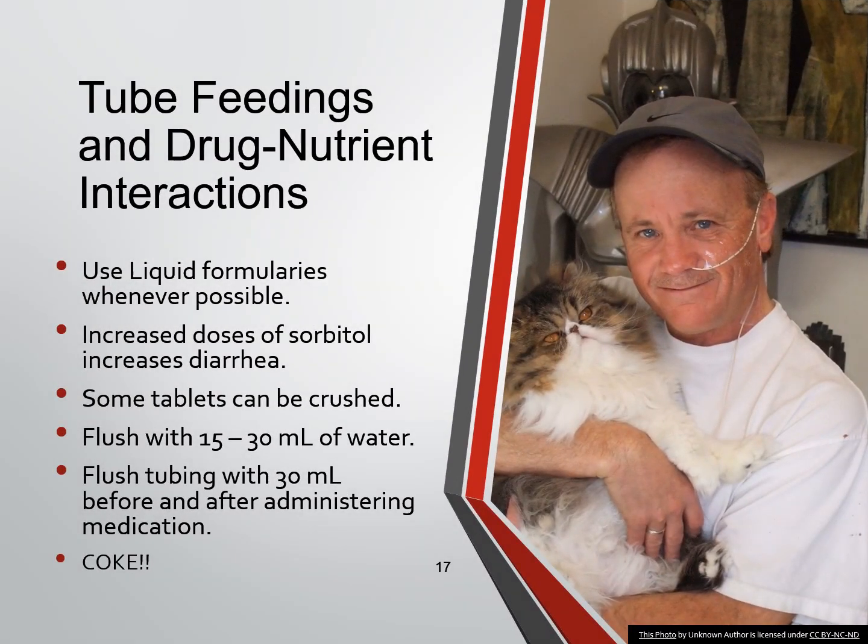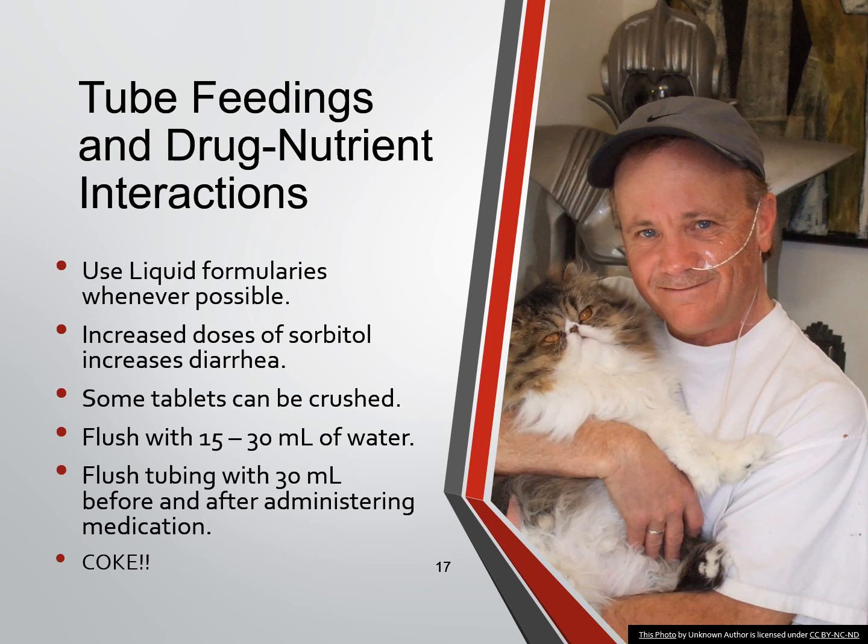The last topic in chapter 11 I want to touch on is tube feedings and drug-nutrient interactions. We will be getting into position of enteral tube feedings and different formularies. But just to review drug-nutrient interactions, it's important that if your patient is on an enteral tube feeding and has specific medications that need to be administered, you want to use liquid formularies whenever possible.